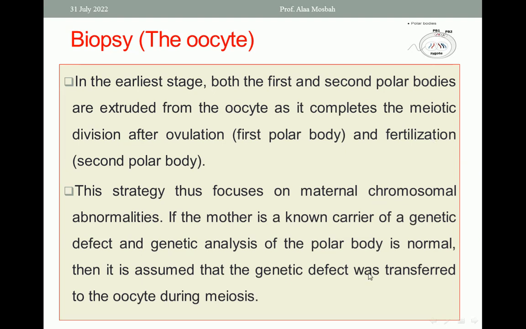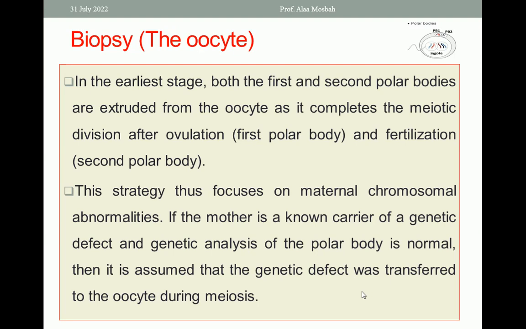What if the mother was a carrier for a genetic defect, and we found the polar body is normal? This means that the genetic defect was transferred to the oocyte during meiosis.